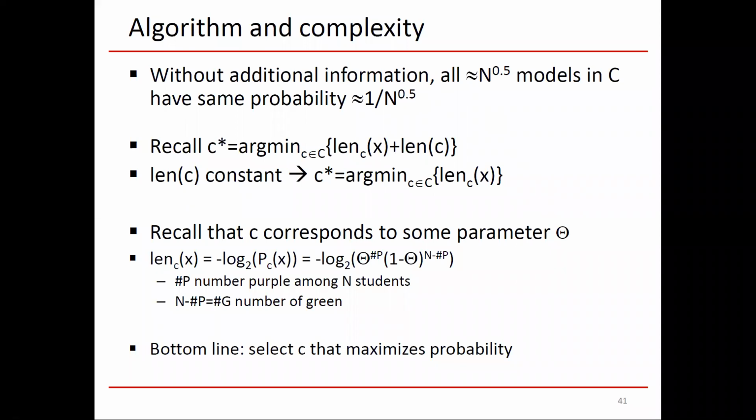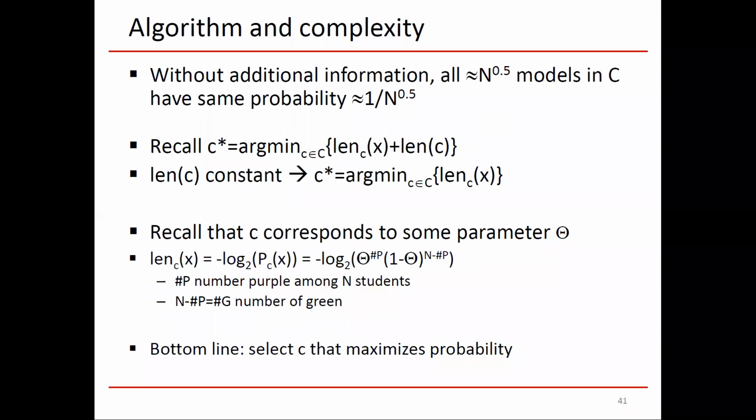So we're going to have number of purple times purple appears with probability theta, and n minus number of purple times green appears with probability 1 minus theta. And this gives us a probability. And the log base 2 or negative log base 2 of that gives us a coding length.